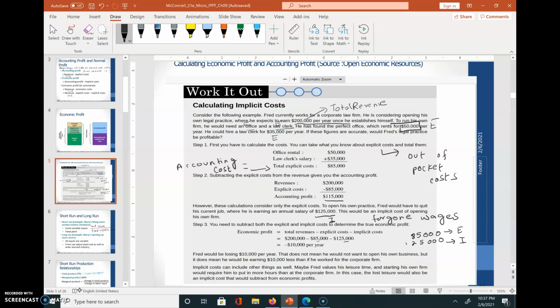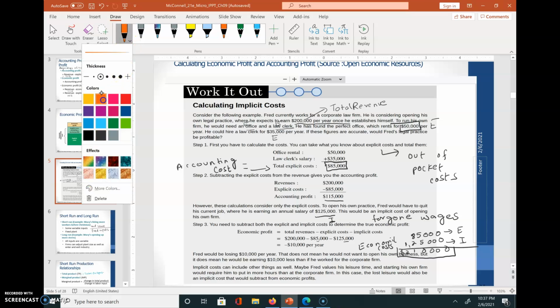This one's implicit. These two together are my economic costs of production. Now if you do the math here, this is 210,000. As you can see here, this economic cost number is greater than the accounting cost number.